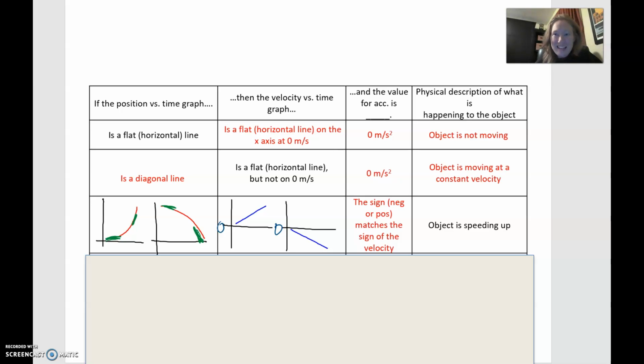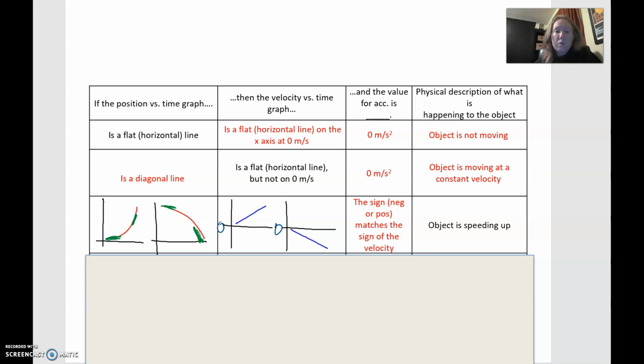So that means fast. Even though it's a negative slope, don't let that bother you. Steep means fast. So those are two examples of how it would look for a position versus time graph for something speeding up.